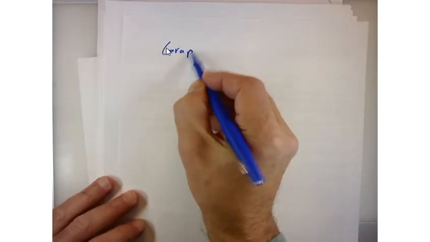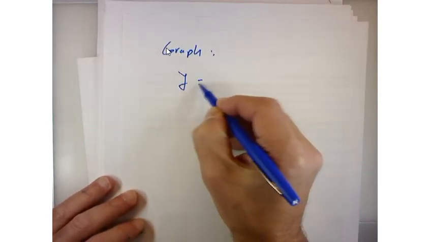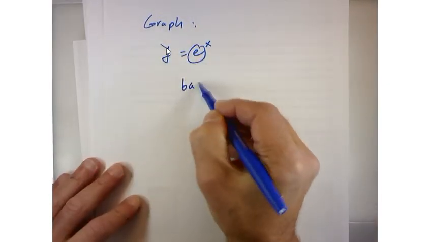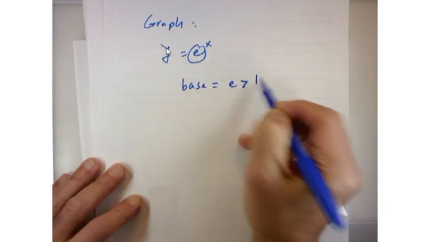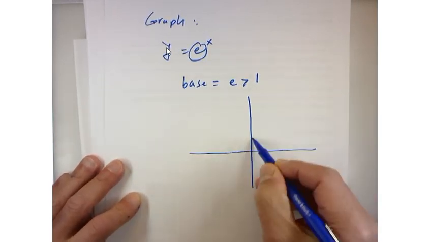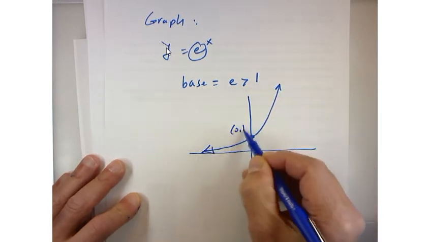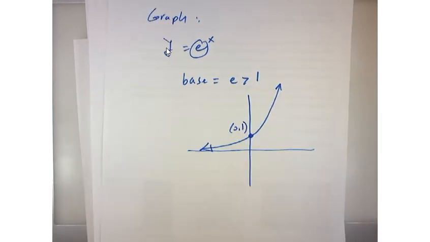So if we want to graph y equals e to the x, we know it's an exponential function. The base is e, which is greater than 1, so it's going to look like exponential growth, if you remember what we did with basic exponential functions.